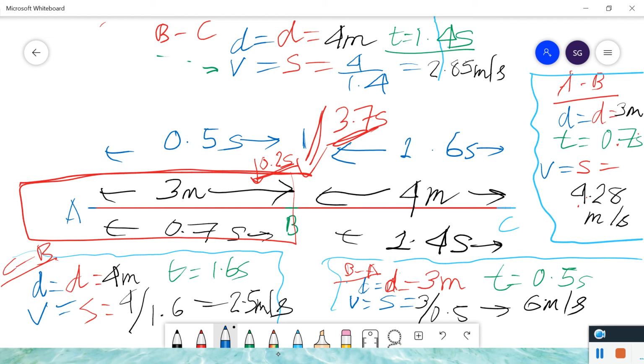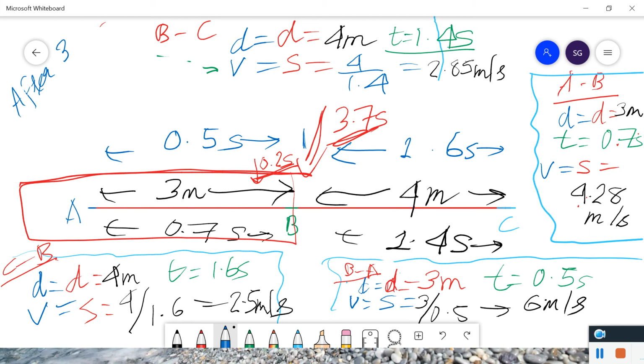So after 3.7 seconds, speed is equal to, find the total distance. A to B 3 meter, B to C 4 meter, C to B again 4 meter. That is after 3.7 seconds. So 3 plus 4 plus 4 is 11 meters. So here first of all I will write the distance.